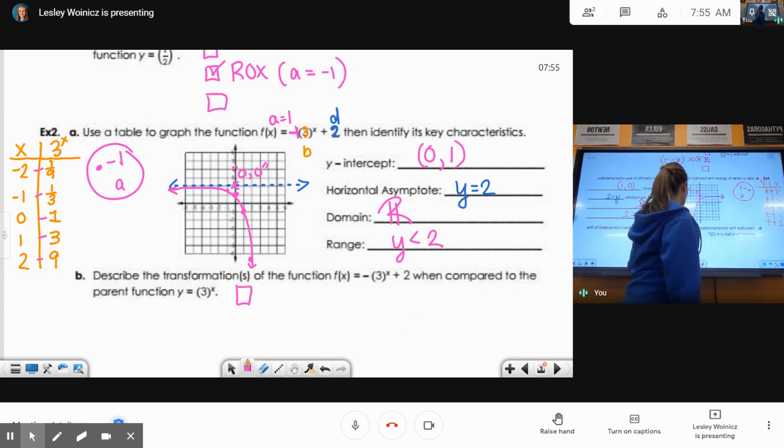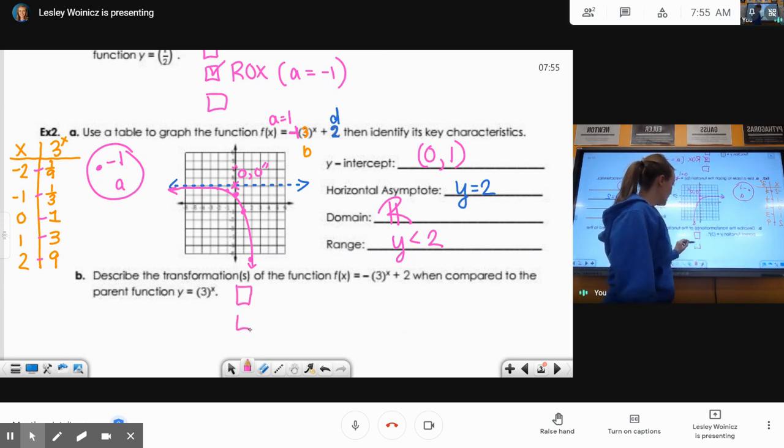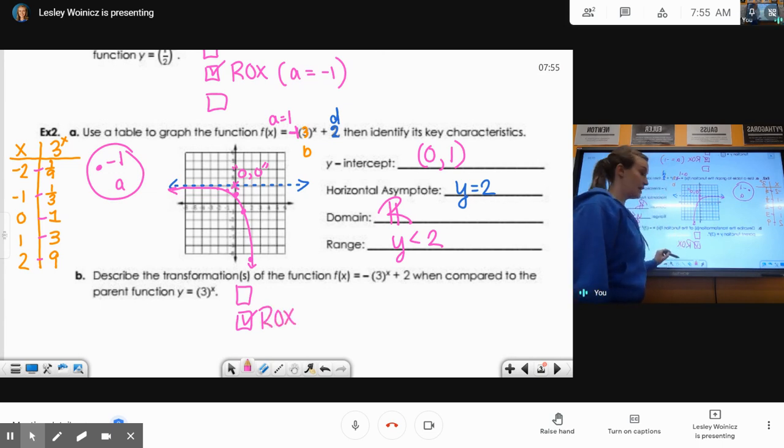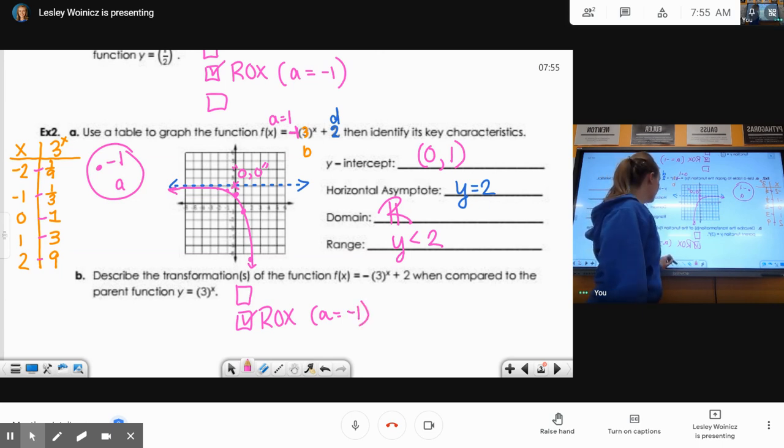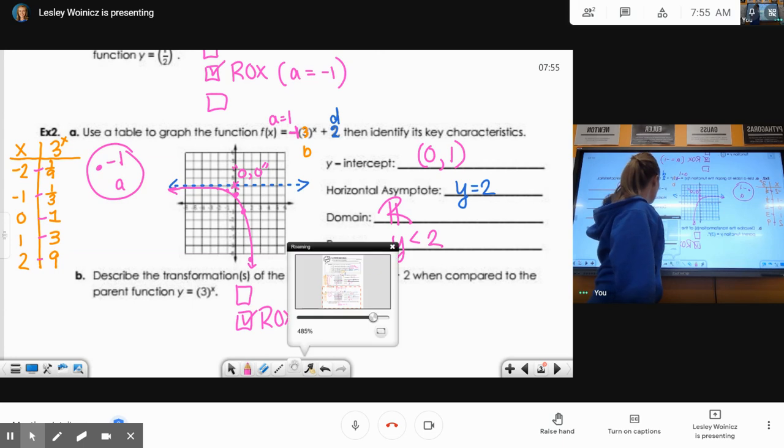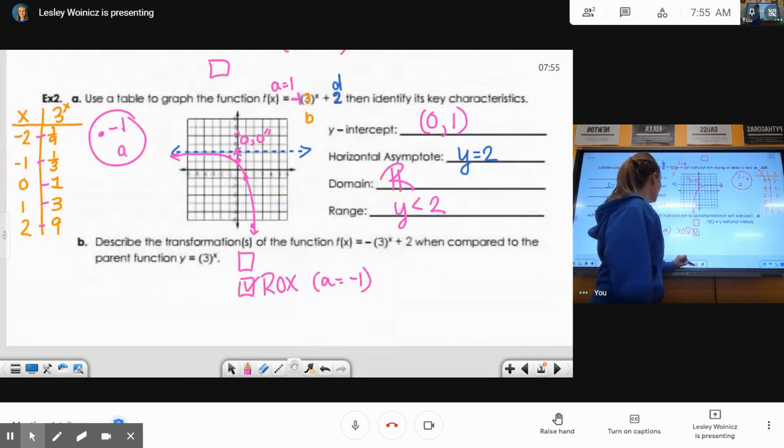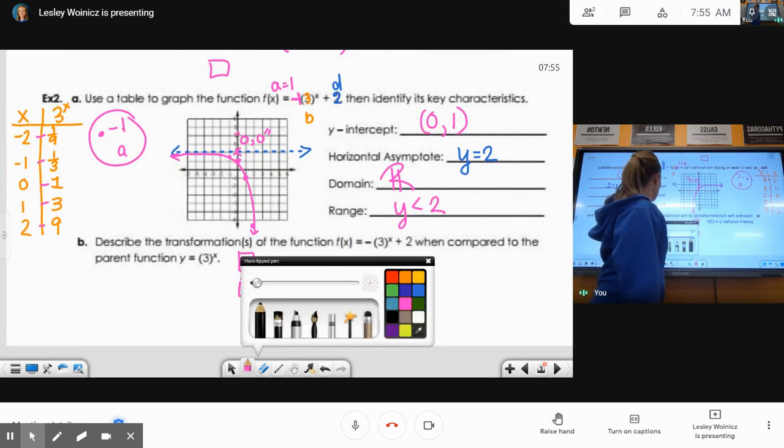Transformations. We don't have a vertical stretch or compression yet. That's next week. We do have a reflection. We reflect it over the x-axis because our A is -1. Anytime A is negative, it gets a reflection. And last, we did have a shift. We shifted up 2 units.